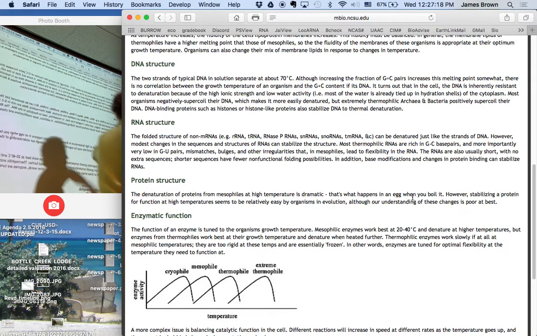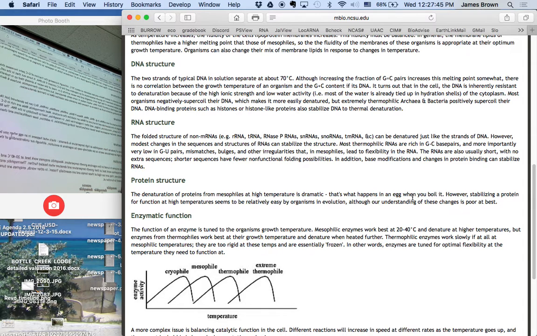RNA structure. If you take a ribosomal RNA, for example, and put it in a tube of water and heat it up, it quickly denatures. The tertiary structure comes apart first, and then the secondary structure, all the base pairs come apart. Like protein, this is usually readily dealt with.